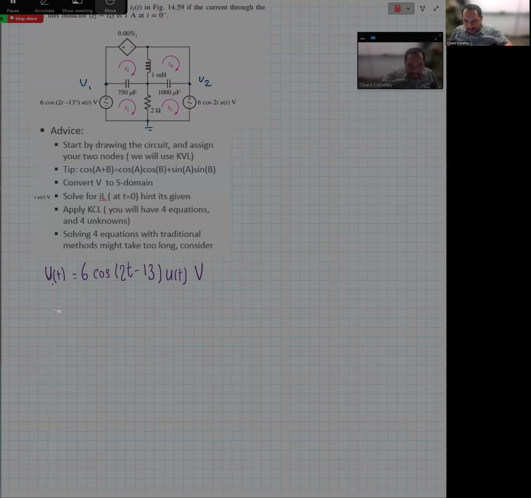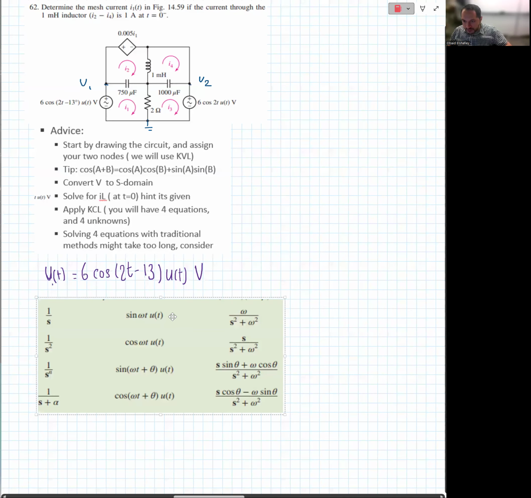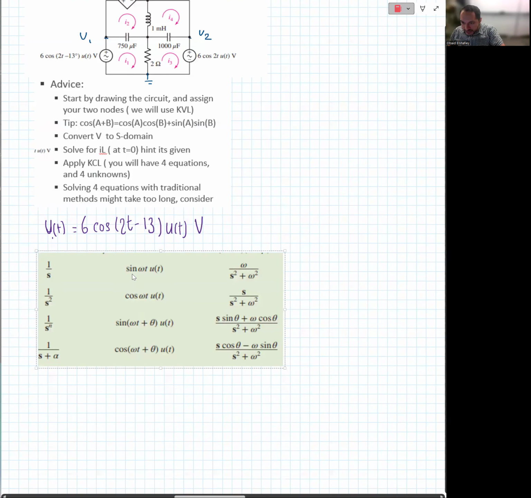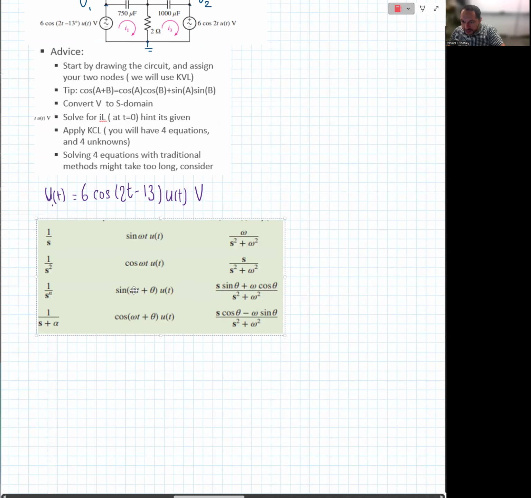Right, let's paste this part here. So cosine omega t minus theta is the last one here. So this is the equivalent output.